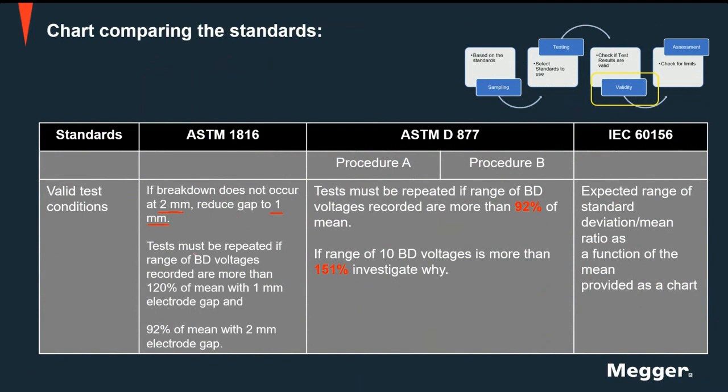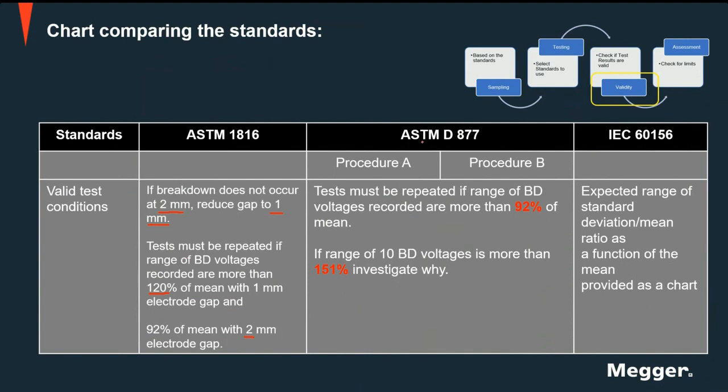And the test must be repeated if the range of breakdown voltage recorded is more than 120% of the mean with 1 millimeter electrode gap, and 92% of the mean with 2 millimeter electrode gap. So later, I will explain more when we show the example test results.